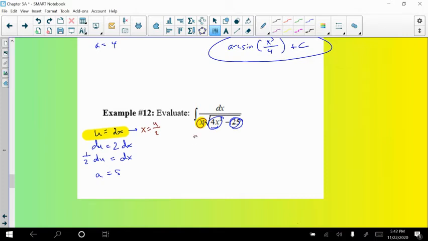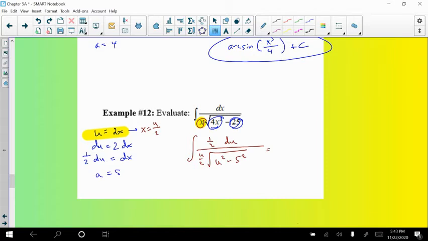So that much right there becomes u over 2. Then this is the square root of u squared minus 5 squared. And then we need a 1/2 du.